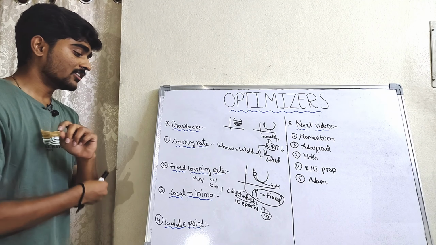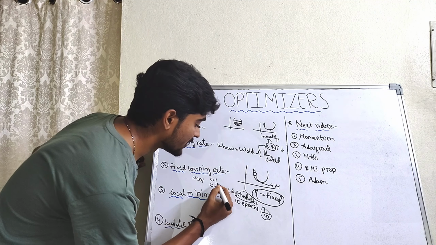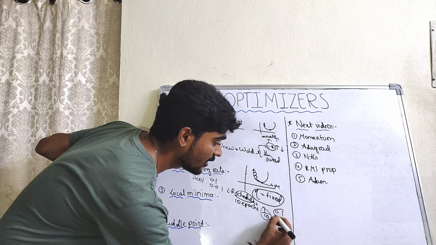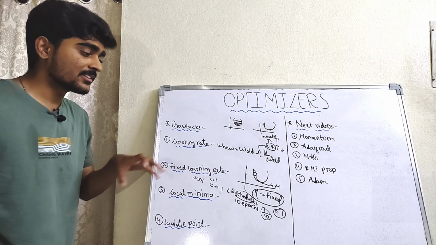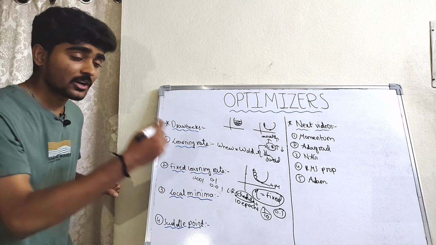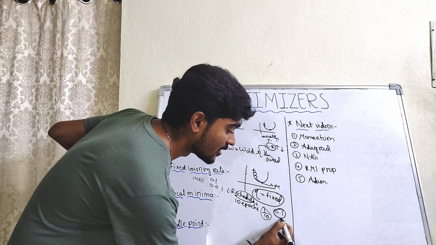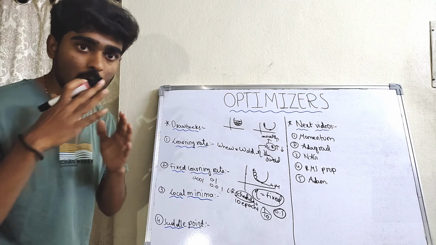Another problem with this fixed learning rate is, let's say our learning rate is 0.1. If we have n number of weights in our artificial neural network, for all those n weights, we are making this 0.1 a fixed learning rate value to update all those weights.